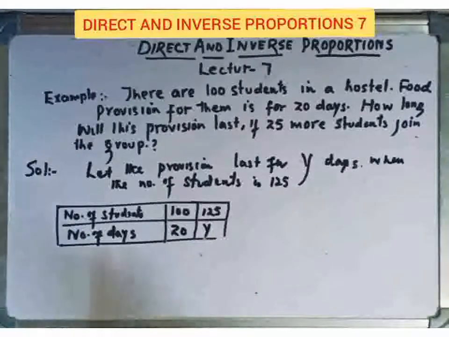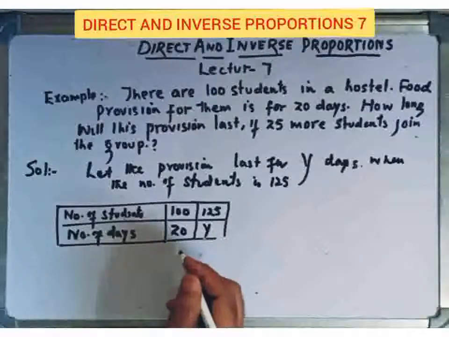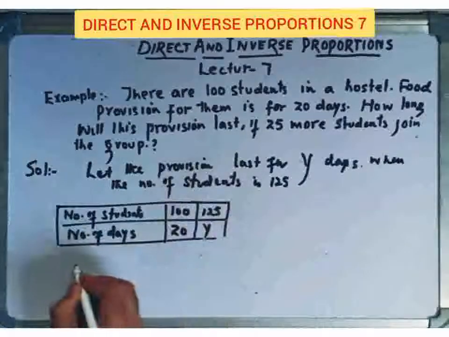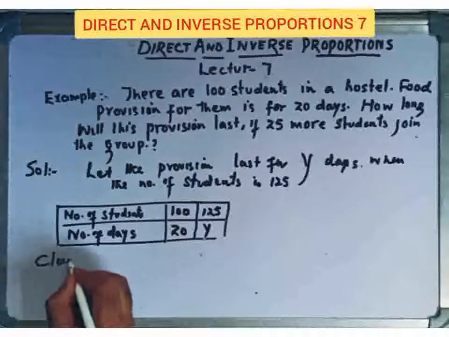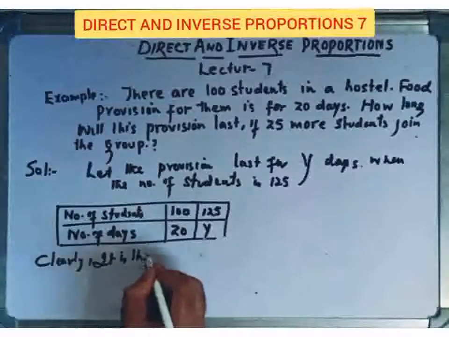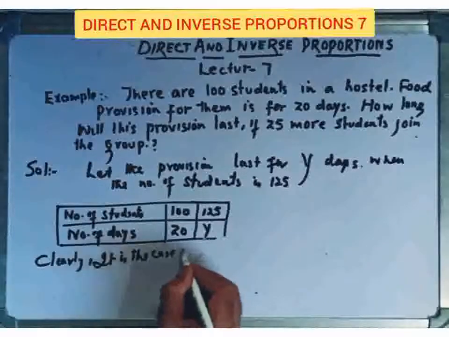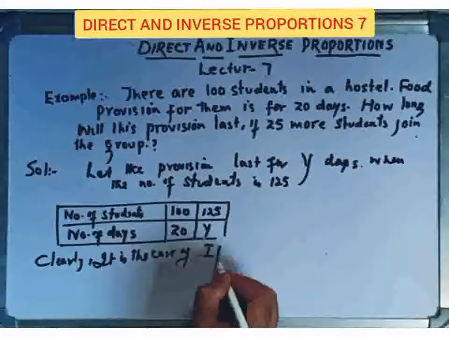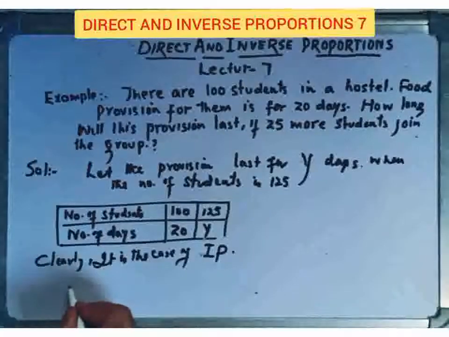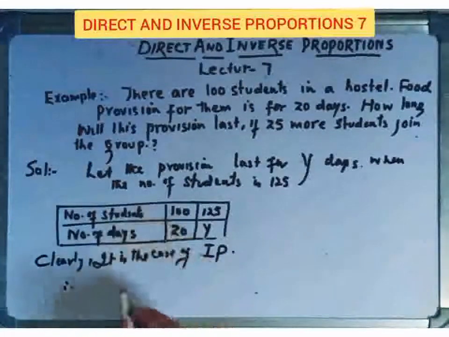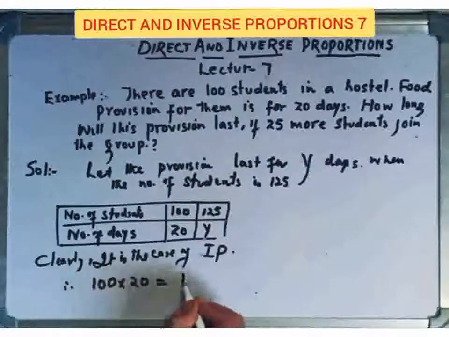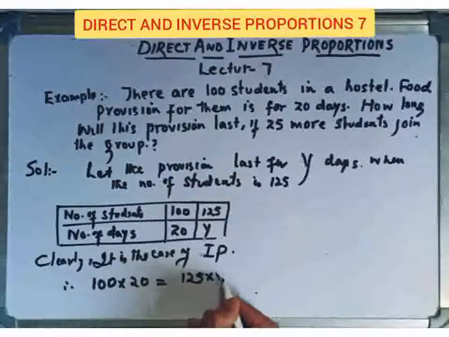So we know that clearly it's the case of inverse proportion, not direct proportion, right? Therefore 100 multiplied by 20 is equal to 125 multiplied by y.